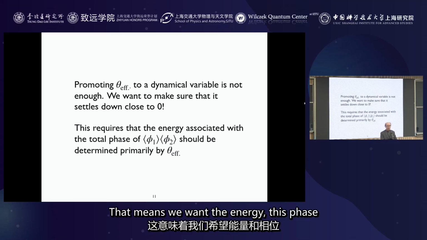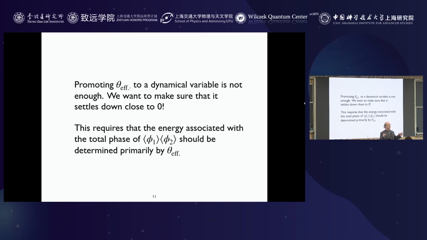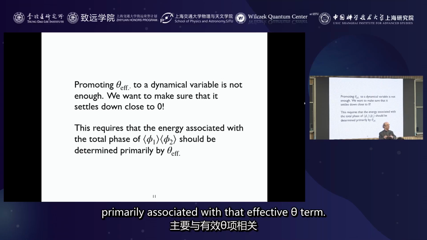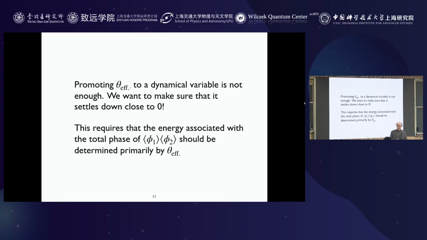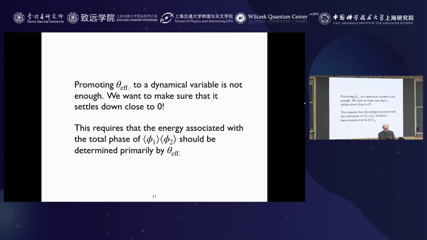So that means we want the energy of this phase to be primarily determined by the value of that effective interaction. We want it to be primarily associated with that effective theta term, and we want it to have its energy minimum where the theta term is very, very small.